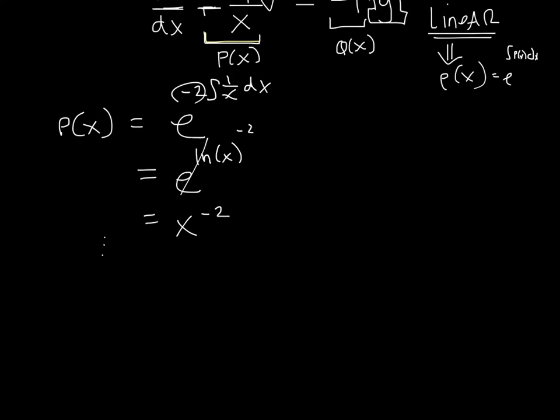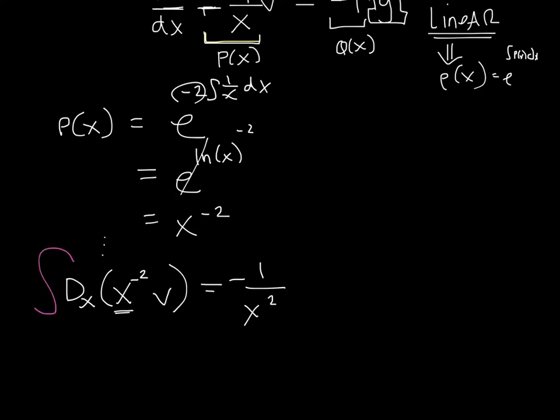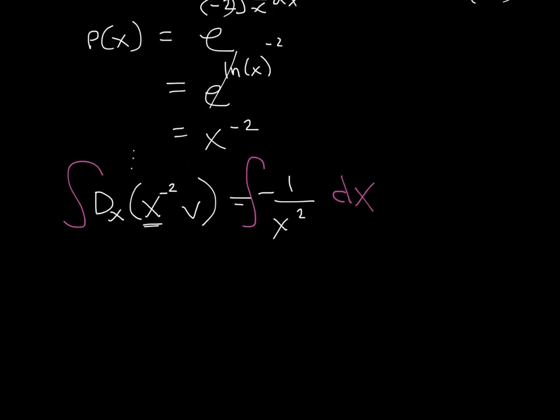So after multiplying again by rho of x, you're going to notice that the left-hand side of the differential equation is really this guy. Remember that's always going to be the rho of x. And then we're going to just simply get negative 1 over x squared. And then we have our little integrating party here. So integral with respect to dx. And this is gone, which is great.